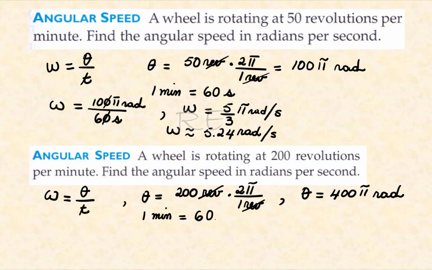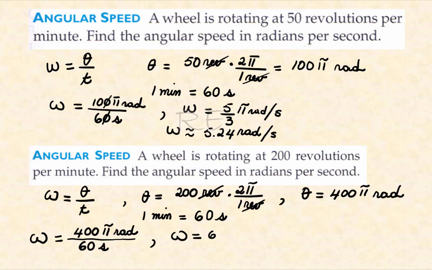Therefore, the angular speed, omega, will be equal to 400 pi radians divided by 60 seconds. Cancel the zeros. It's 40 divided by 6.